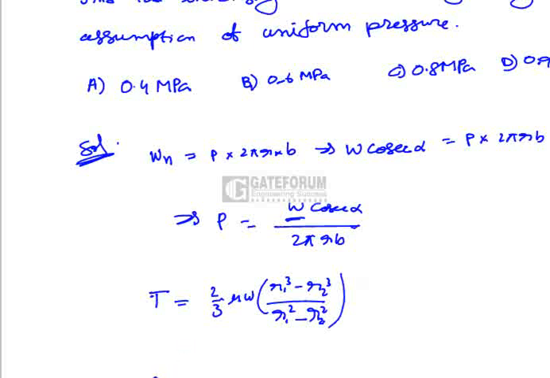R1 is equal to R plus B by 2 sin alpha, where R is the mean radius of the clutch, which is equal to 160 plus 60 by 2 sin 11.5, and is nearly equal to 166 mm.